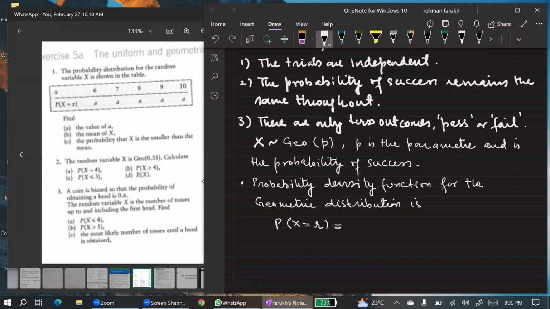The first success is obtained on the rth experiment. And what about the previous r minus 1 experiments? What was the result in the previous r minus 1 experiments? The first success is obtained at the rth experiment. What about the previous r minus 1 experiments?